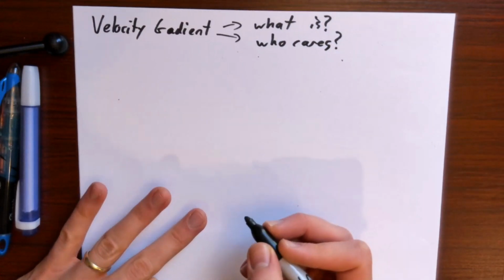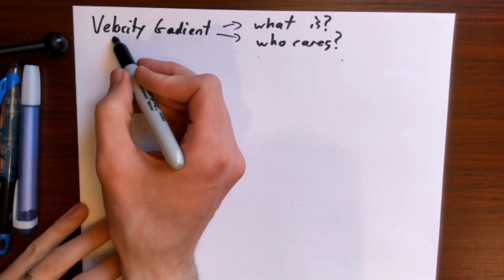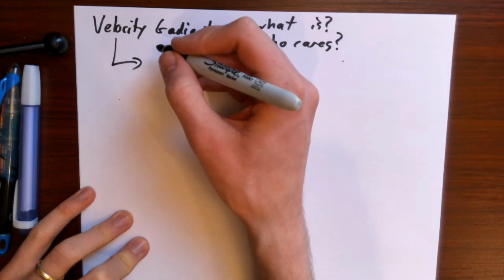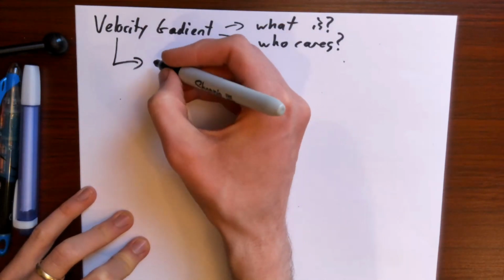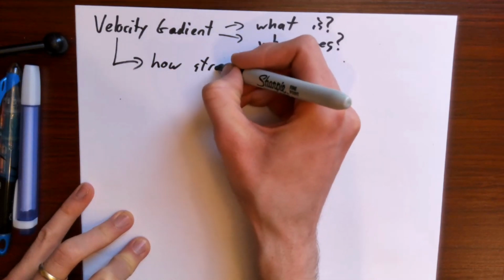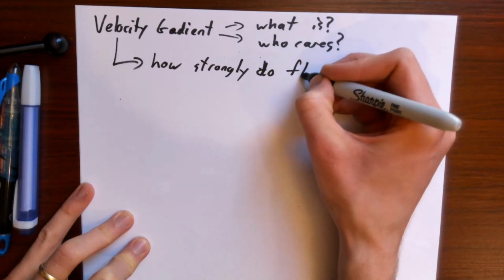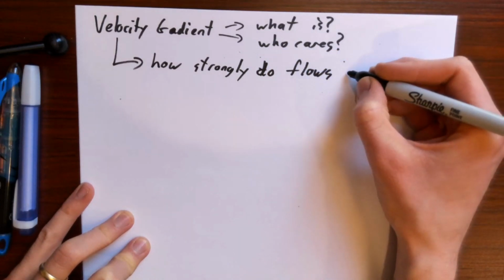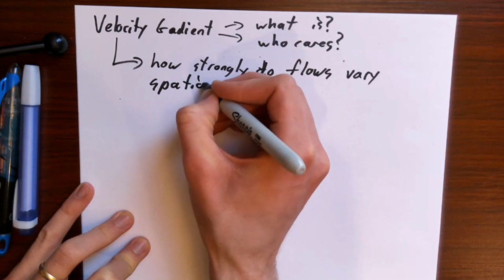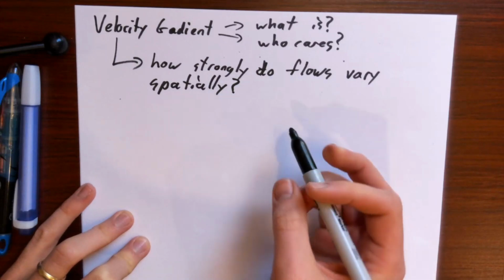Velocity gradient basically describes how rapidly or how strongly flows vary spatially, right?